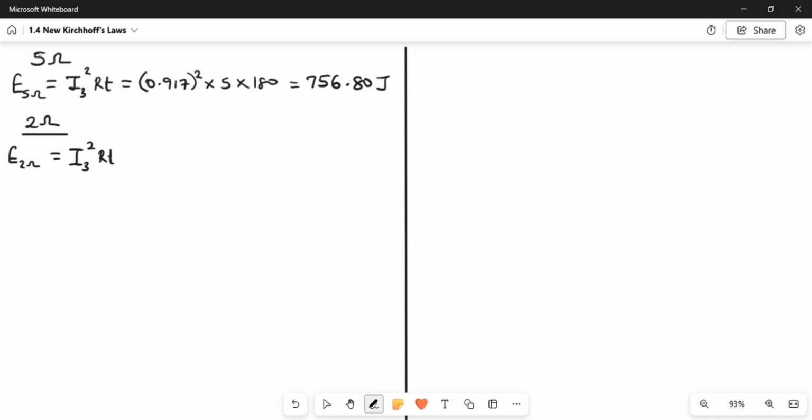So I3 squared times RT, 0.917 squared times R is 2, time is 180 seconds. That gives us 302.72 joules.